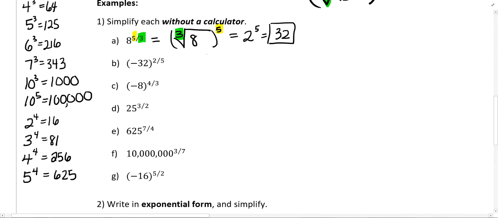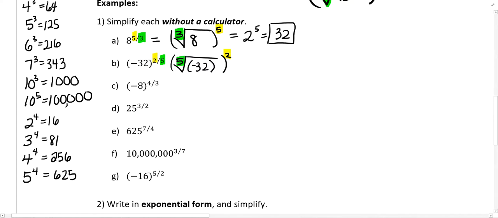Let's try B. So this would be the 5th root of negative 32 being taken to the 2nd power. Again, the denominator right there. The numerator is going to be right here. So the 5th root of negative 32 is what times itself 5 times gives you negative 32.